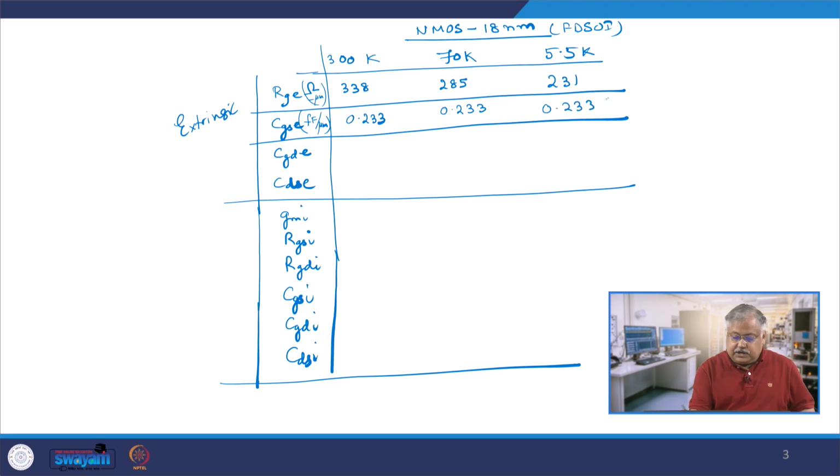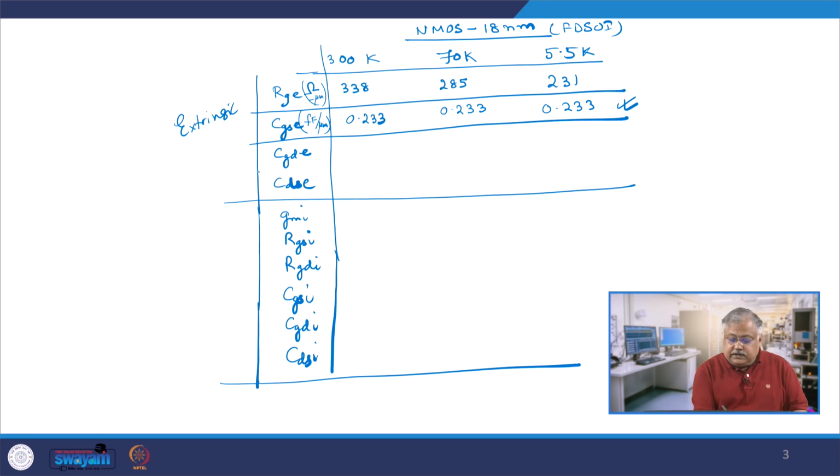What is interesting about this is, as you can see, the gate to source extrinsic capacitance is almost independent of the variation in temperature, right? You can understand why, because it is an extrinsic parameter, and most extrinsic parameters are basically passive elements which do not show a change in value, and that is the reason it remains like this.